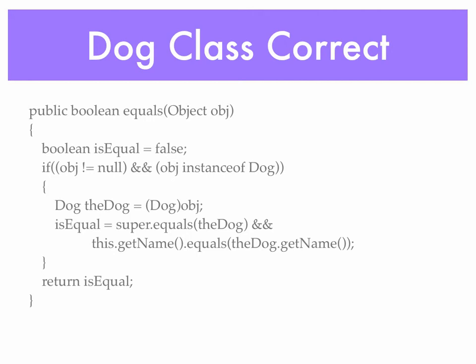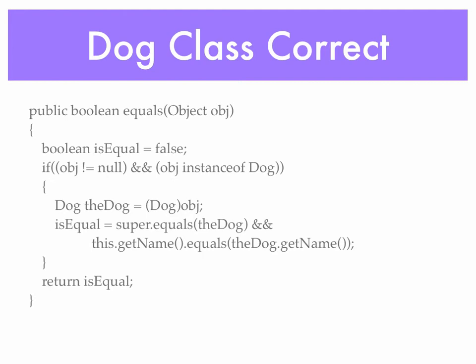We'll then find out if the name of the calling object of this class is equal to the name of the passed object of this class. And so we'll determine if the names of the two are the same.